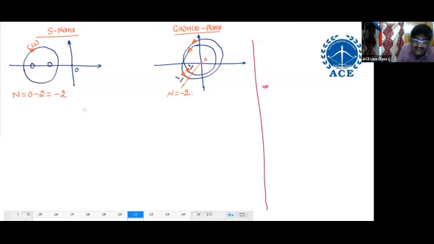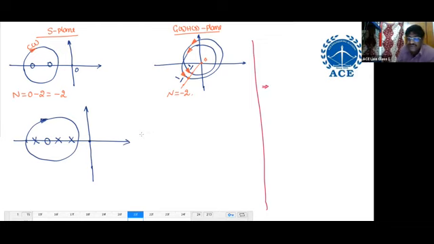For example, a randomly selected closed path encloses 3 poles and 1 zero. What is the corresponding GH plane? How many encirclements will you get? N equal to P minus Z. P is 3, Z is 1. So that means 2 encirclements, plus 2.